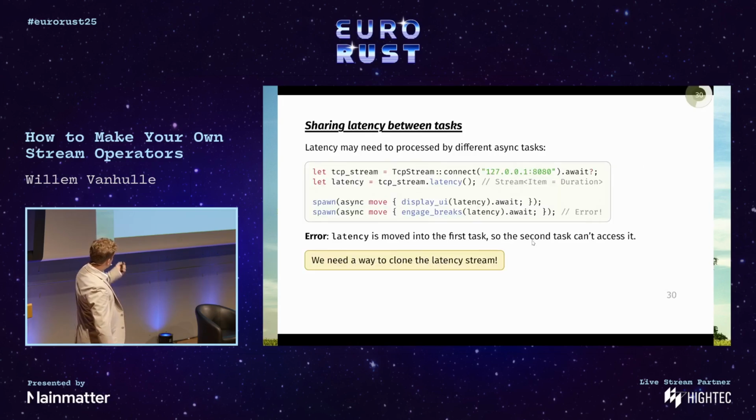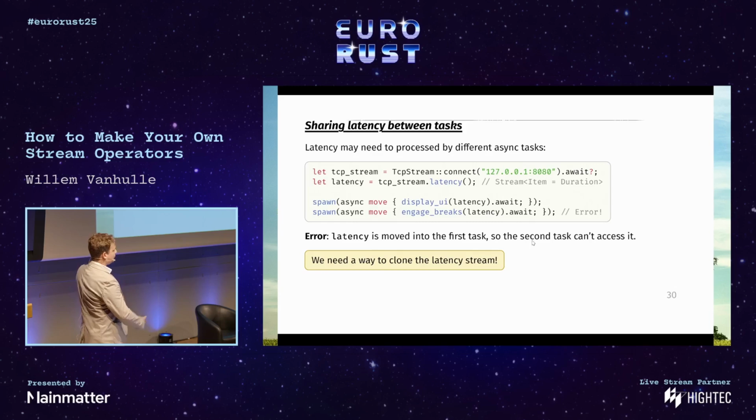I already said that I encountered this with like 1 to 2 or 1 to 3, a small number of n. But I was working with train data, and the train data had some latency, and the latency had to be processed in 2 different locations on different tasks or threads. One would be the UI for the front end, where you display the latency, and one would be in the backend, where you engage the brakes or emergency brake when the latency becomes too high.